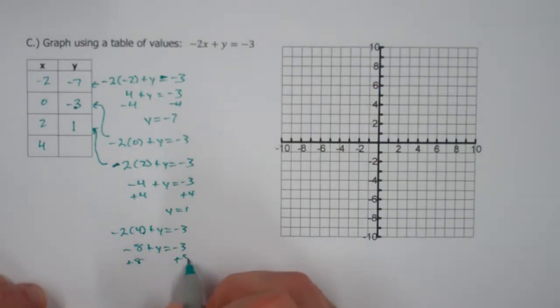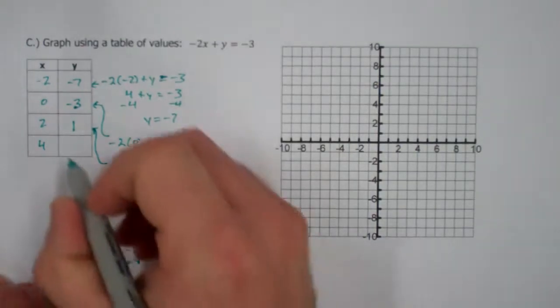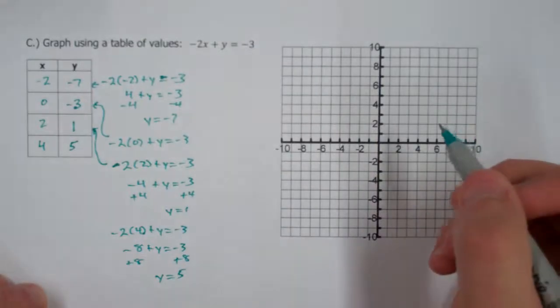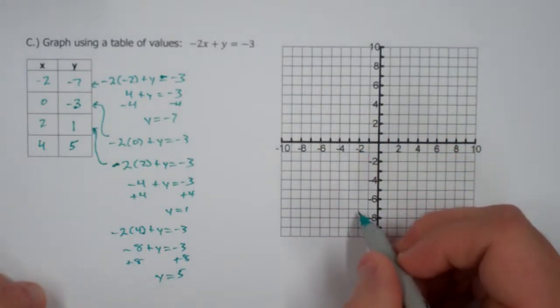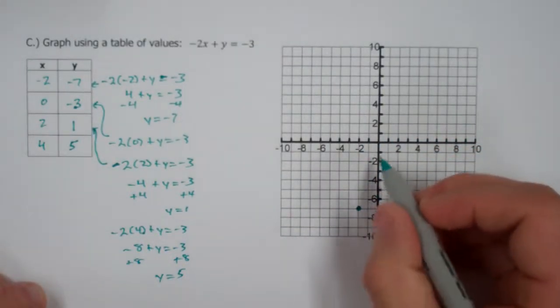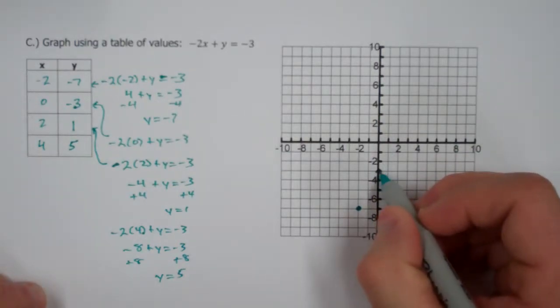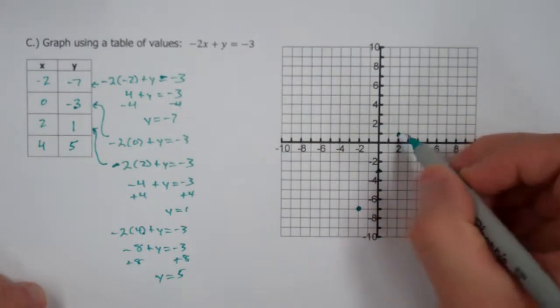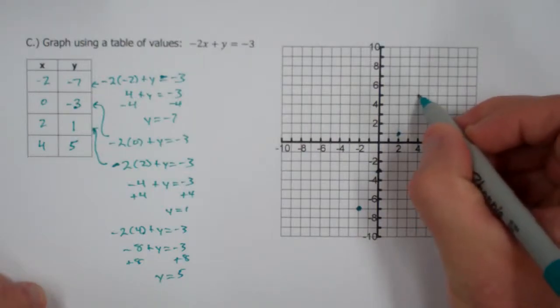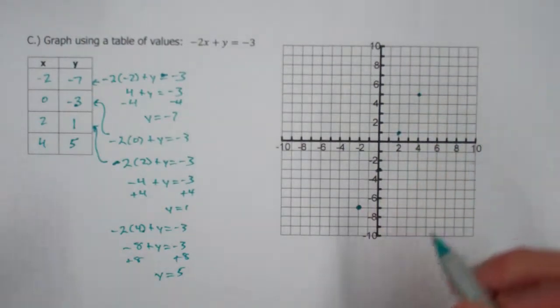So we'll add 8 to each side here. Y will be 5. Plotting these points, -2, -7, 0, -3, 2, 1, and 4, 5. And they all do line up in a straight line.